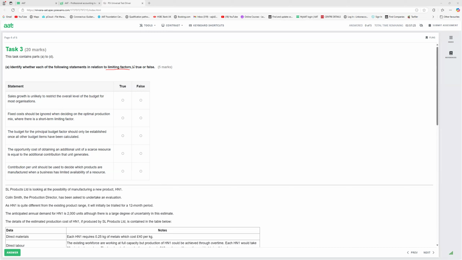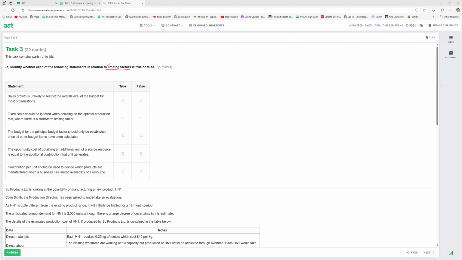The limiting factor means where we have a shortage of resources, which could be labor hours or material. That means we have enough demand in the market, but we cannot fulfill the demand, because we don't have the skill level or enough material.